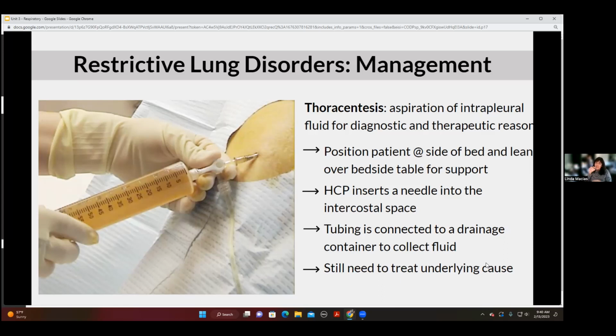The insertion needle is connected to tubing that's connected to actual bottles, liter bottles. And I've seen 3 liters taken off a patient, 3.5 liters. That's a lot of fluid off a lung. So imagine the patient who's having so much distress breathing, and now the elephant just got off their chest.